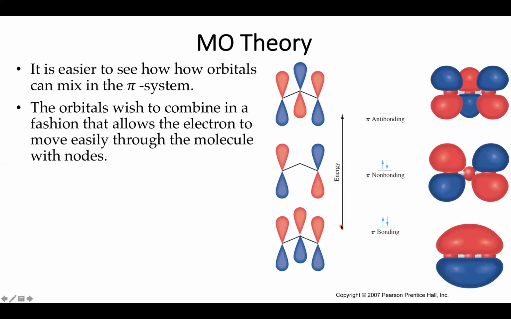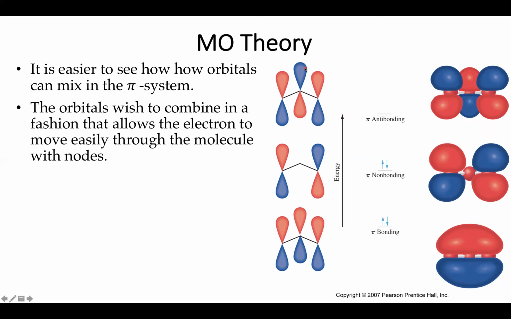And one of the biggest things is that when I mix orbitals, I'm always going to produce one combination that's as favorable as possible. And we know electrons love to spread out. So my most favorable combination is going to produce a pi bonding orbital where the electrons can move from one end to another smoothly.